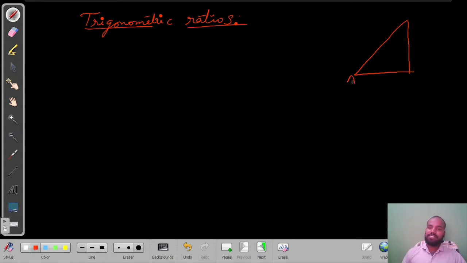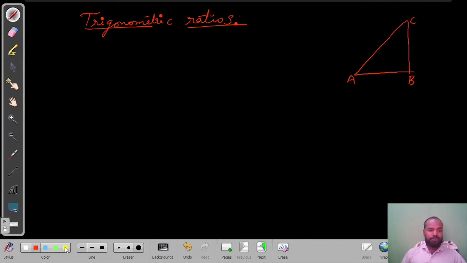So see here, first I am going to take a right angle triangle. Yeah, it's my right angle triangle. I am naming the sides: this as A, this as B, this as C. Am I clear? Right. Now A, B, C sides are given.